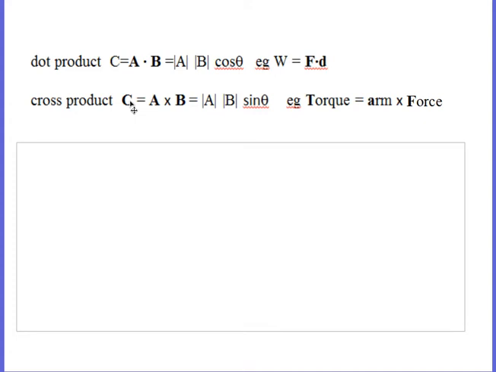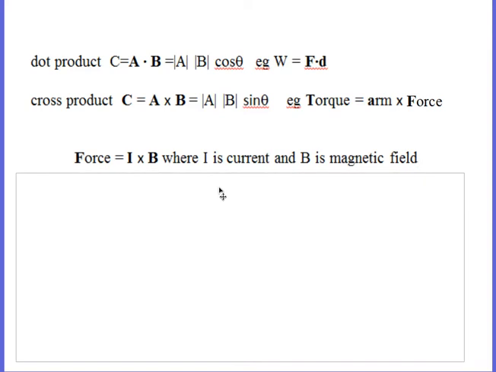What is the direction of that vector? After all, what we have done is taken current, which is a vector, and magnetic field, which is a vector, and the result is a force, which is a vector. So it's definitely going to be a cross product of those two that we are going to do.